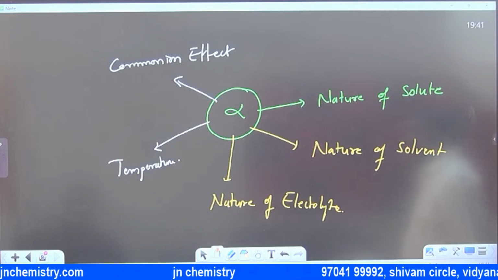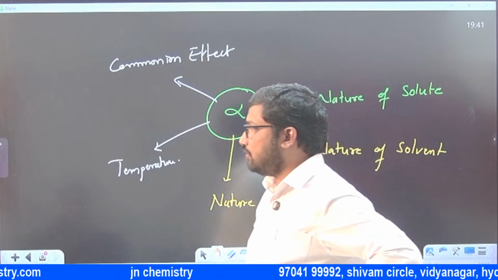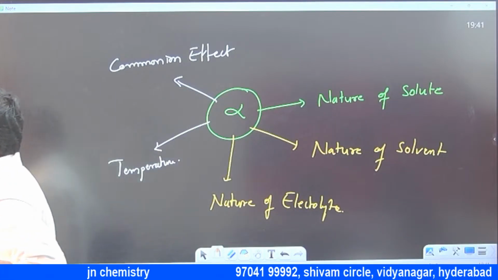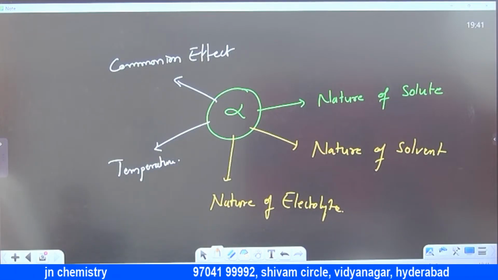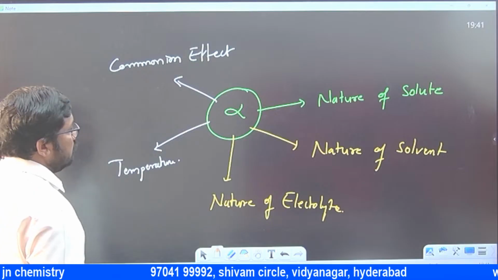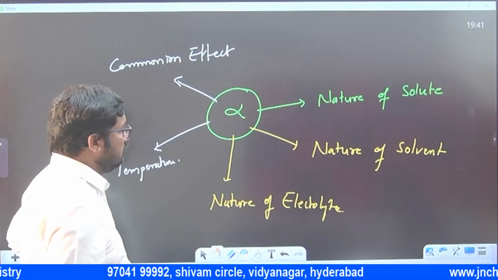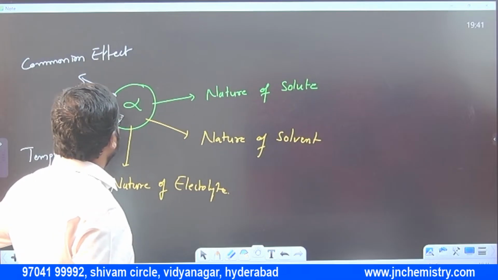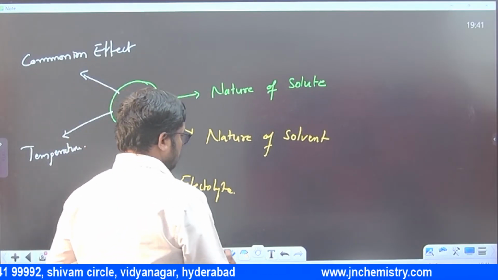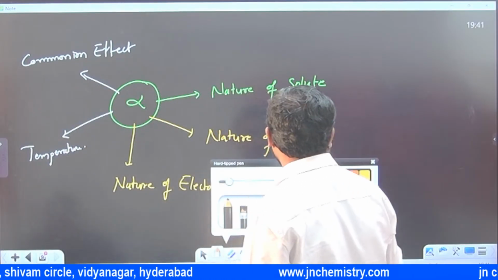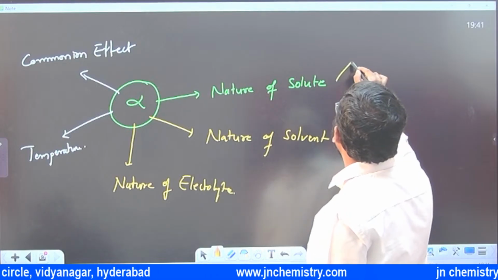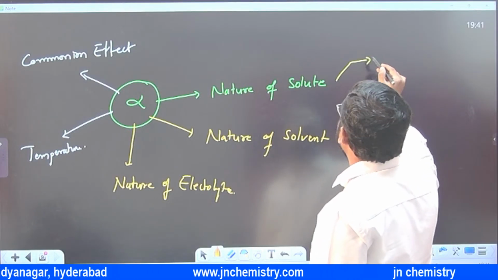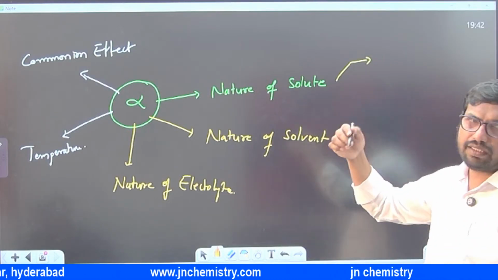Next, the first one: the nature of solute. Put the heading nature of solute. Is it a weak electrolyte? The solute can be a weak electrolyte or a strong electrolyte.